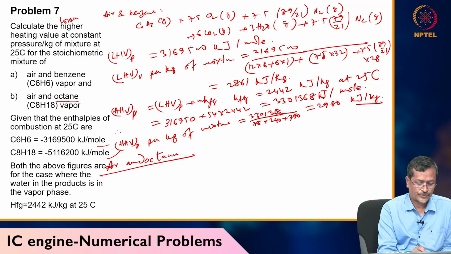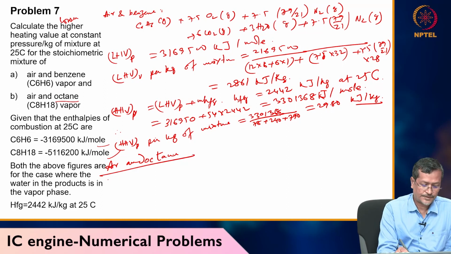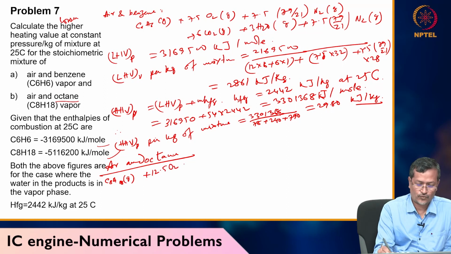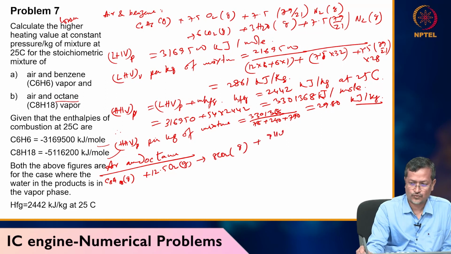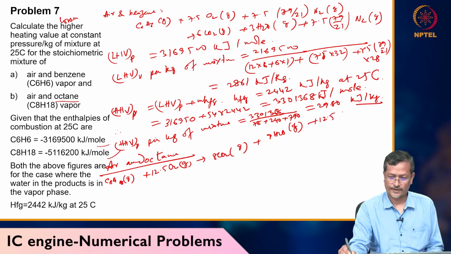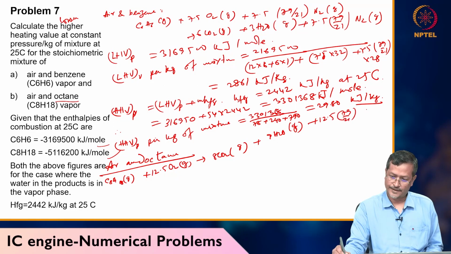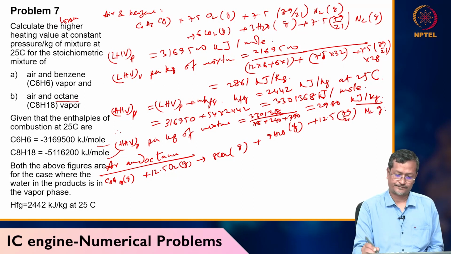In that case, your equation becomes C8H18 gas plus 12.5 O2 gas gives 8 CO2 gas plus 9 H2O gas plus 12.5 times 79 by 21 nitrogen gas.